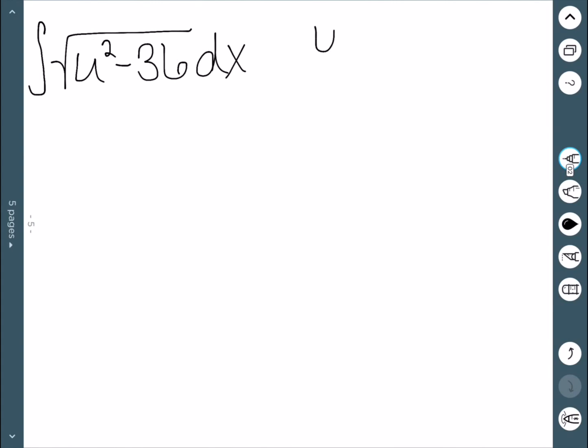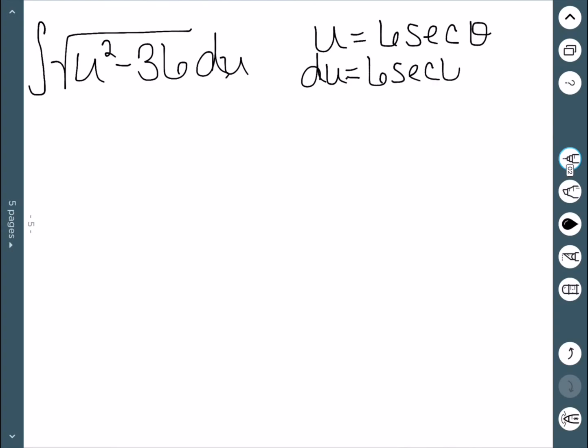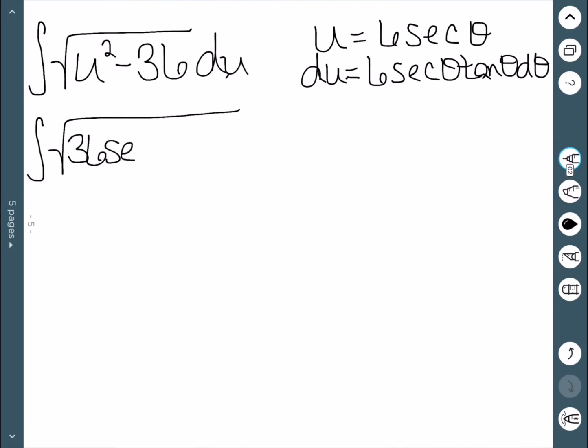Here, I'll let u be equal to 6 secant theta. So du, not dx, is 6 secant theta tangent theta d theta. Substituting in then gives me 36 secant squared theta minus 36 under the square root.